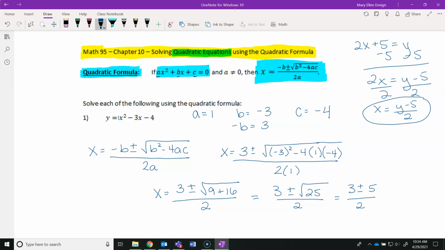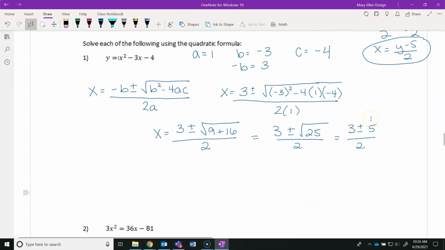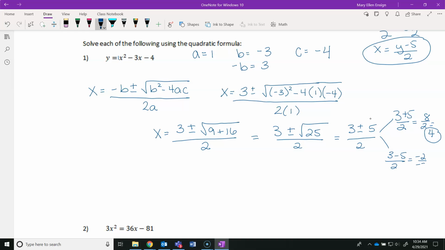Now, because we had a perfect square here, and we have just an integer here now, where the radical 25 was, I can just go ahead and split this up into two problems. 3 plus 5 over 2, which means 8 over 2, which means 4. I'm running out of room a little bit here. Or 3 minus 5 over 2, which is negative 2 over 2, which equals negative 1.